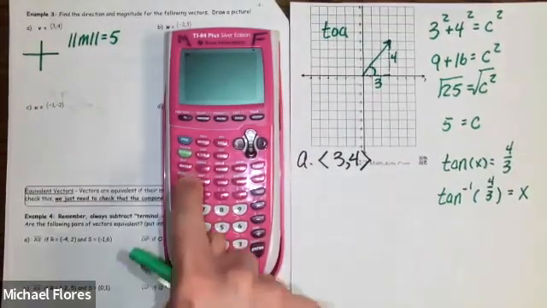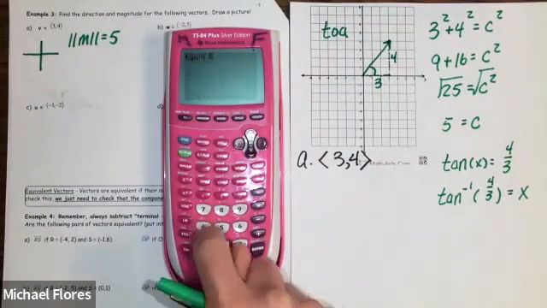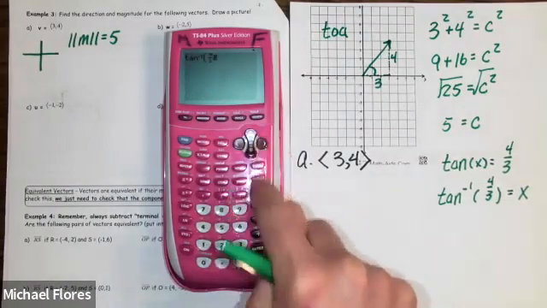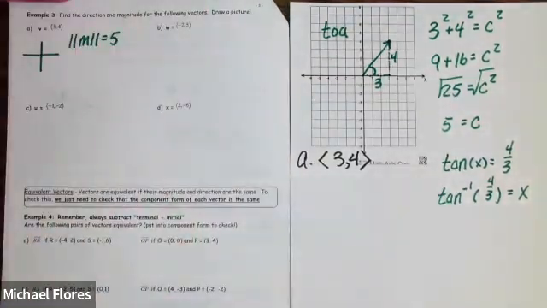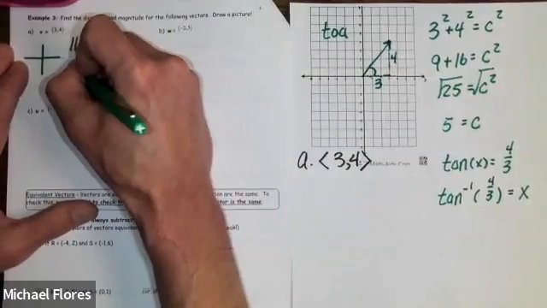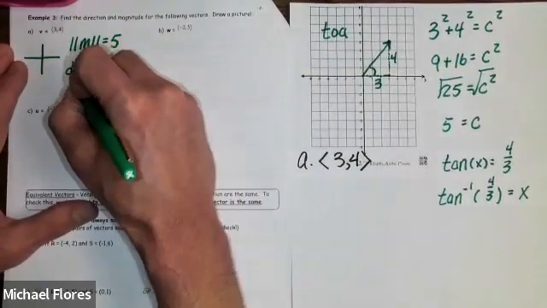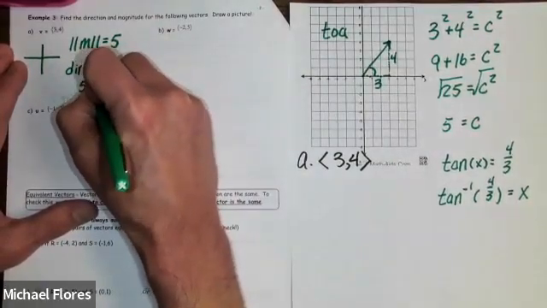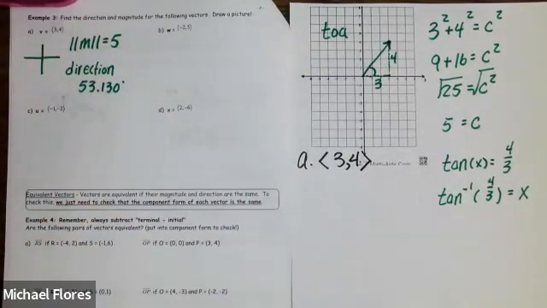So now we go into our calculator and do second tangent 4/3 to get a value of 53.130. It does not tell us where to round. And when that's the case, round to 3 decimal places. So our direction is 53.130 degrees.